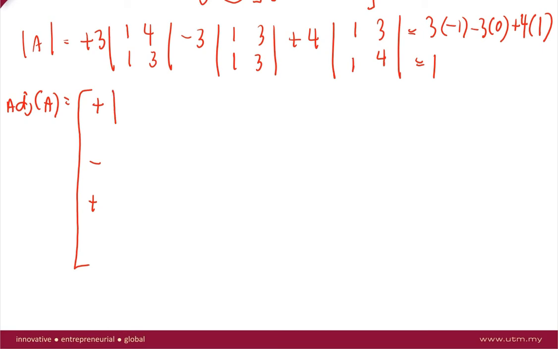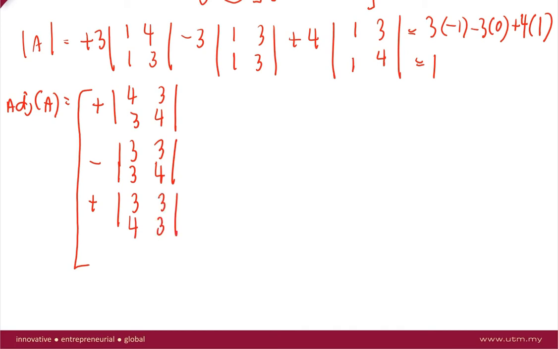So plus, then you have 4, 3, 3, 4, and then minus 3, 3, 3, 4. Then here you have 3, 4, 3, 3.